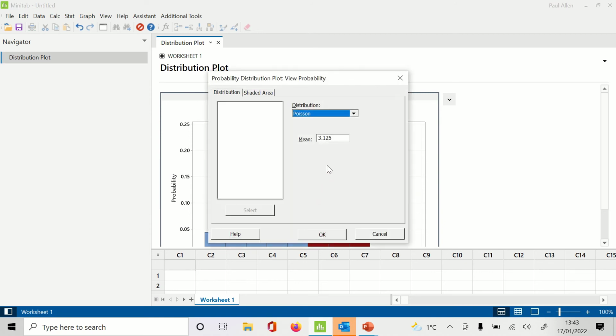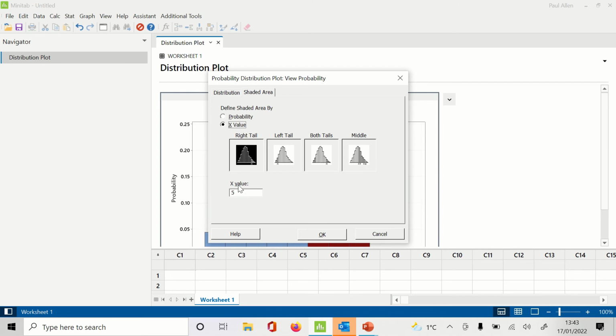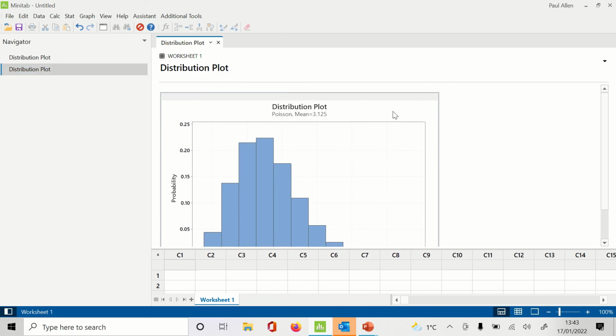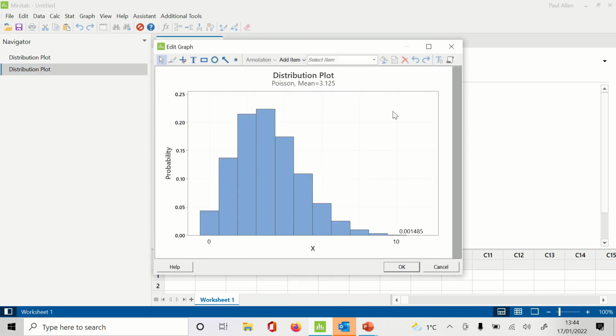Click OK. The arrival rate is the same, but of course when we go to the shaded area now, the value we're interested in is 10. What's the probability of getting 10 or more lorries if we maintained 9 loading bays? Let's take a look at that.